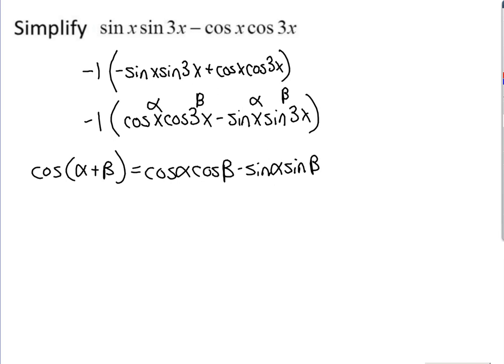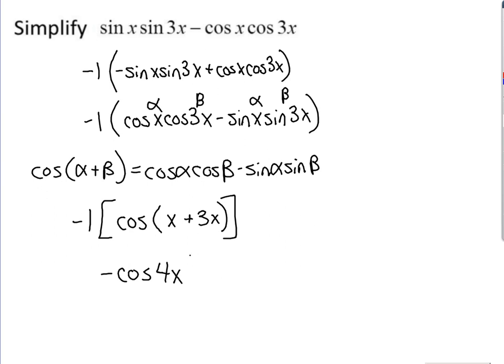So if we rewrite this, we're going to have negative 1 times the cosine of x plus 3x. x plus 3x is just 4x. So we're just going to have negative cosine of 4x.